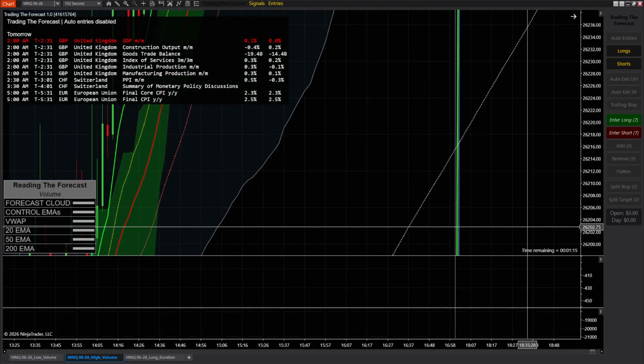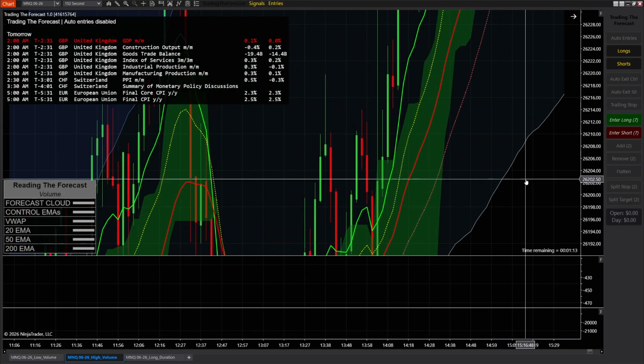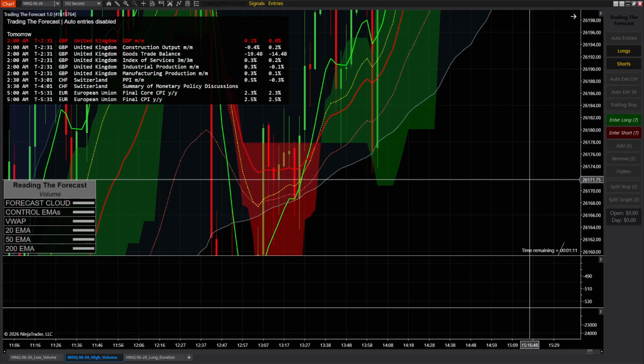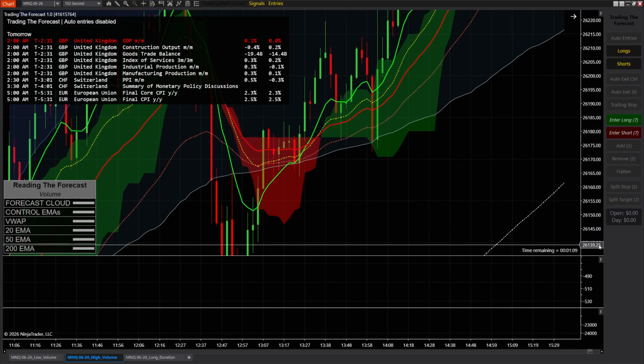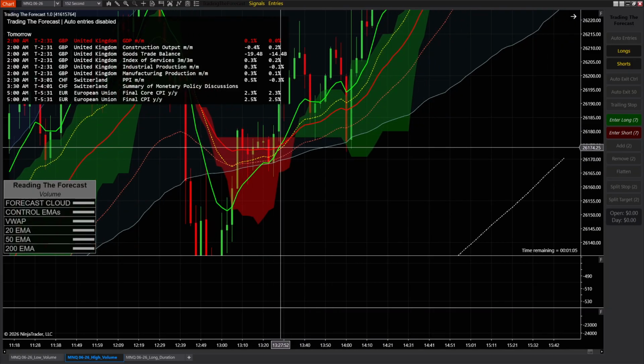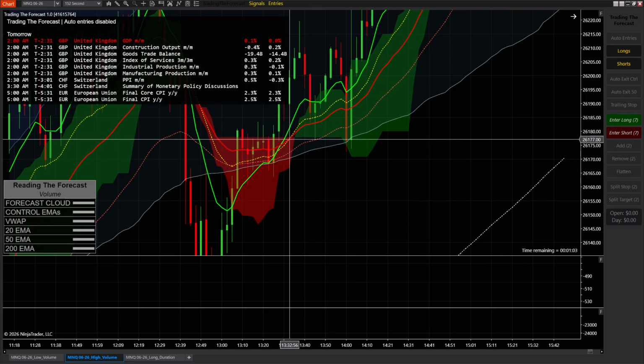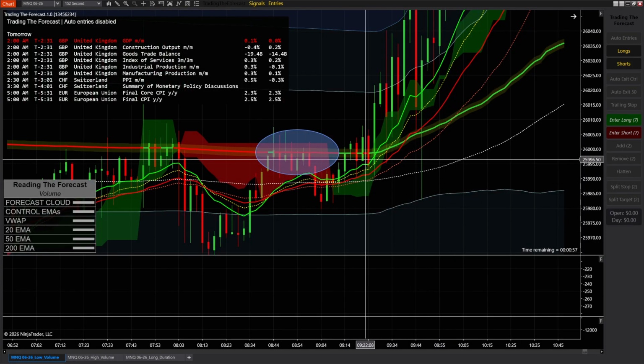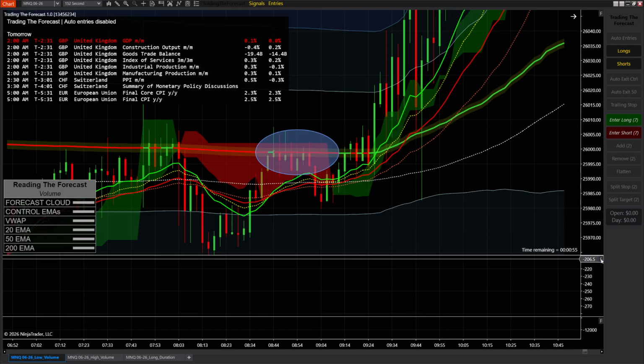But if we look on the high volume chart for the MNQ, you see the trade looked a lot better here. You could have taken this trade somewhere in this zone here, but the low volume is set up different because it's running on a lower.